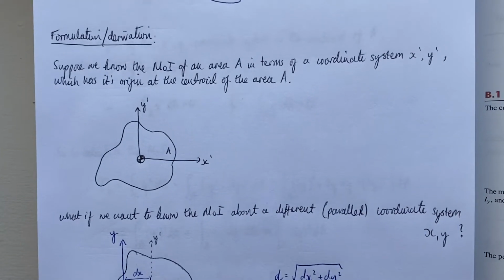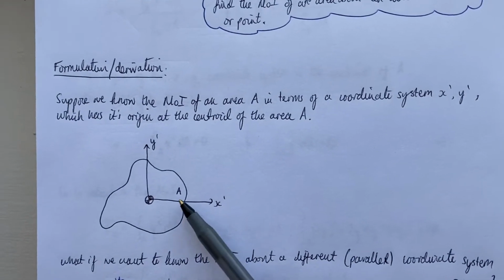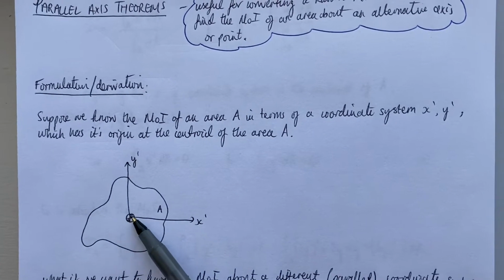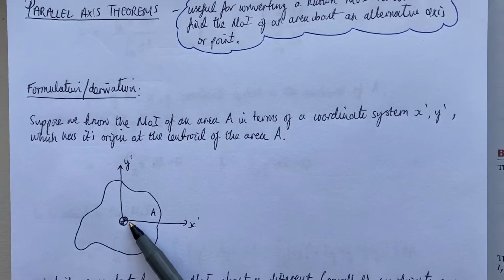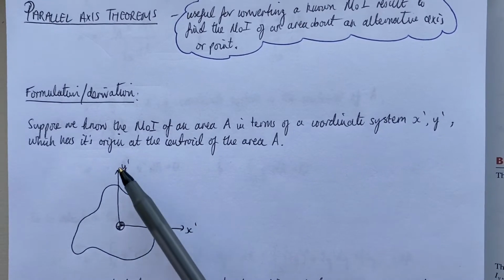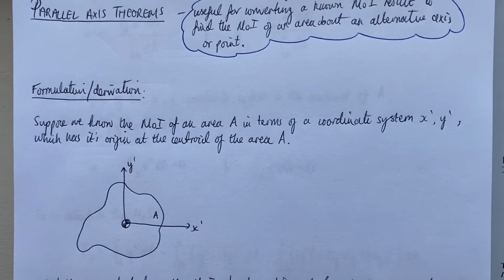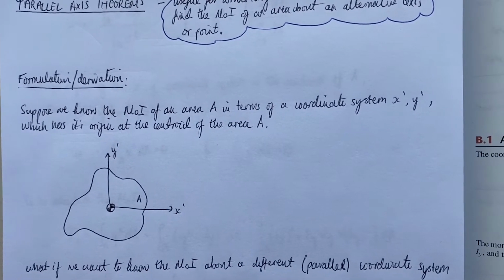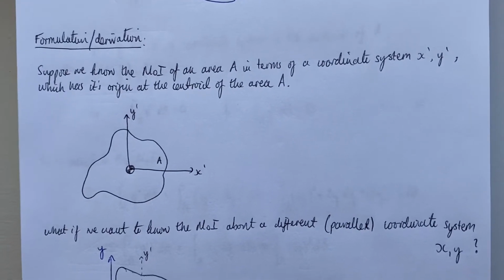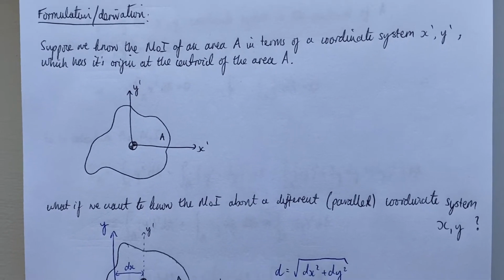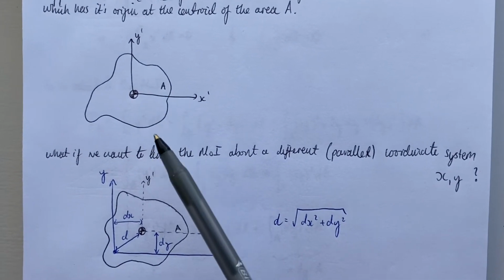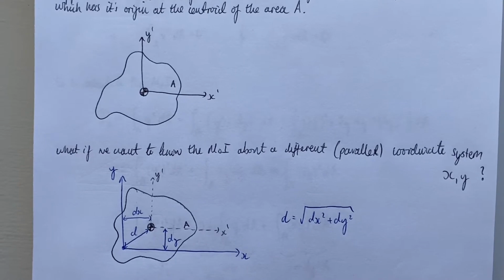So let's assume that we know the moment of inertia of this arbitrary blob A about the centroid of its area, and we call this axis system x dash, y dash. What we want to do is use that information to work out the moment of inertia of this area about a different axis.